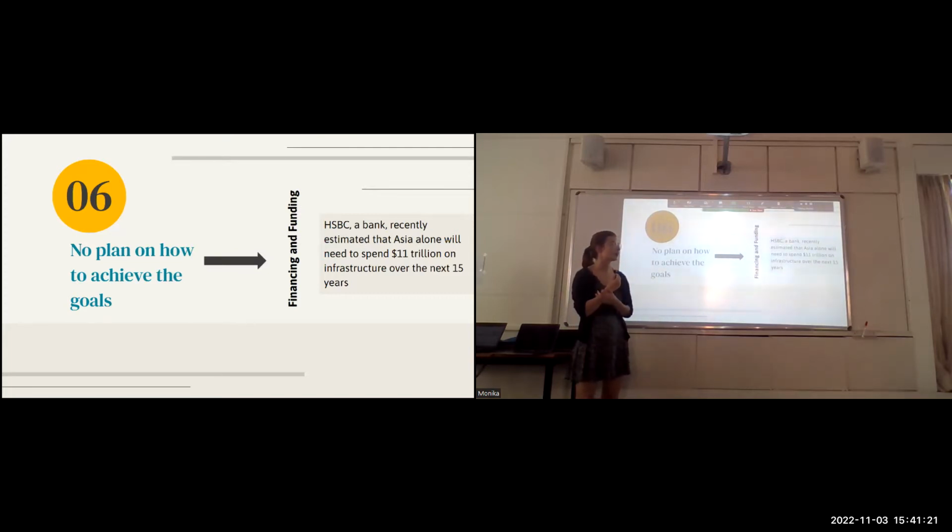HSBC, a bank, recently estimated that Asia alone will need to spend $11 trillion on infrastructure over the next 15 years to achieve the SDGs, which shows that it again falls back to rich Western countries, which will be able to achieve those goals. There have been some attempts from the G20 to help less developed countries.